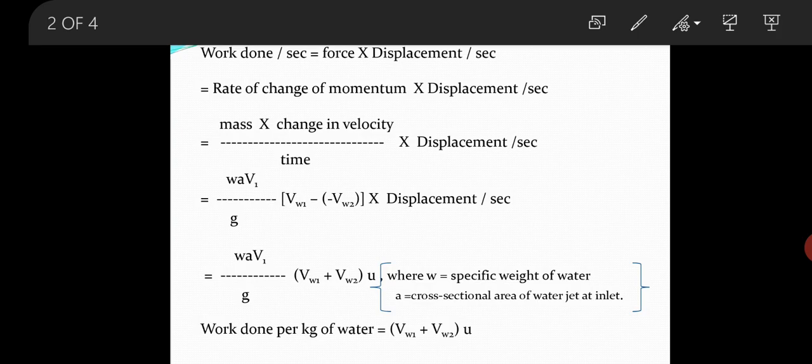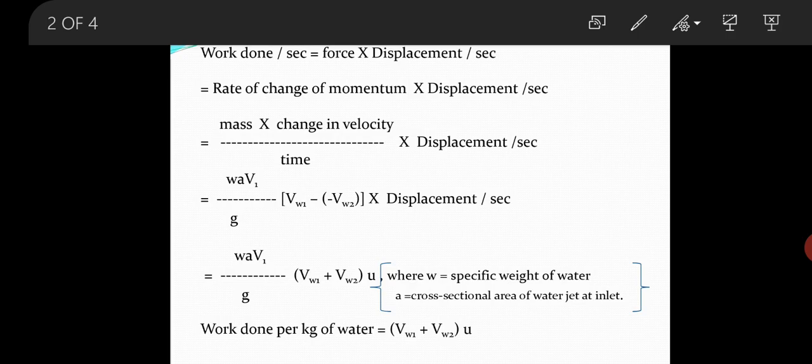So force is the rate of change of momentum, that is, the change of momentum with respect to time, or change in momentum by time. Now momentum is mass into velocity, so change in momentum is equal to mass into change in velocity, and rate of change of momentum is equal to mass into change in velocity by time.